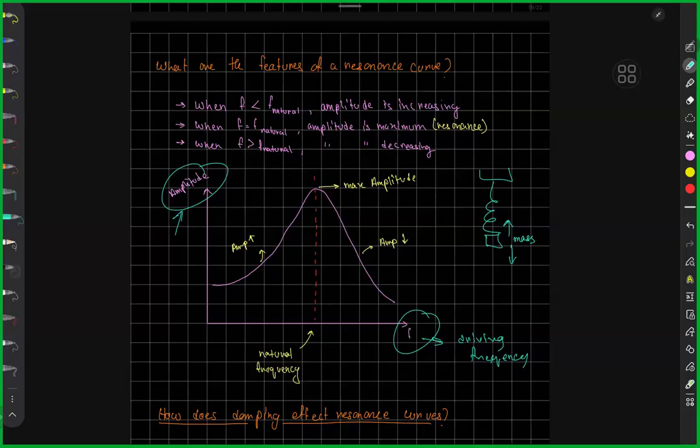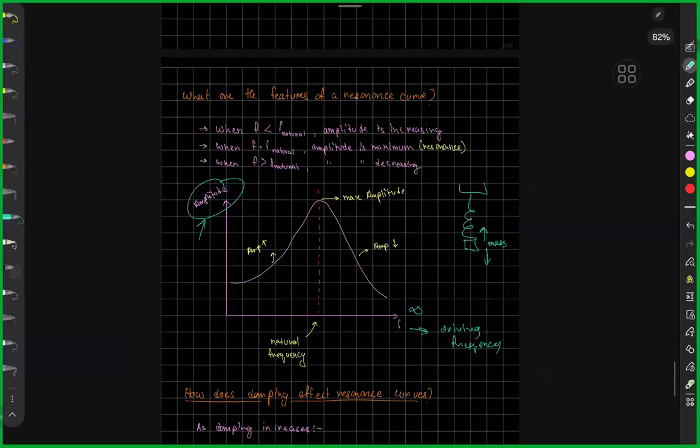Clear? So I am changing the driving frequency from, let's say, some starting value up to some value, infinity, and observing when I see maximum amplitude of the mass.